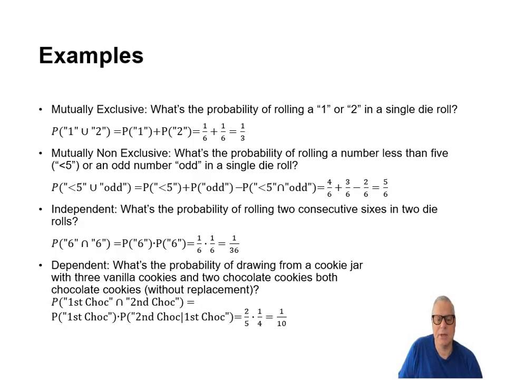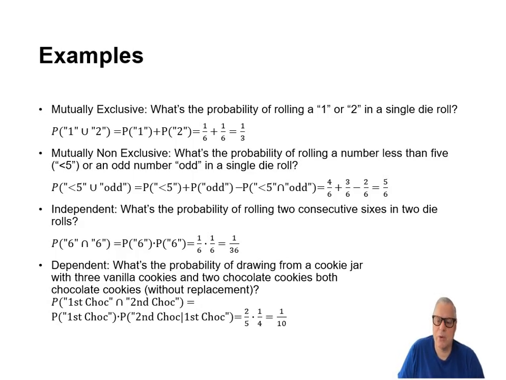Then the next one is, for mutually non-exclusive events, what's the probability of rolling a number less than 5 or an odd number in a single die roll? So the probability of less than 5 union odd is the probability of less than 5, so that's 4 over 6, plus the probability of odd, well, 1, 3, or 5, so that's 3 over 6.